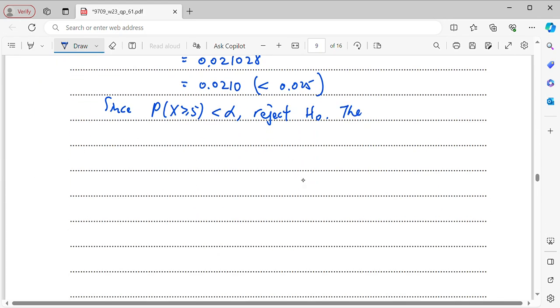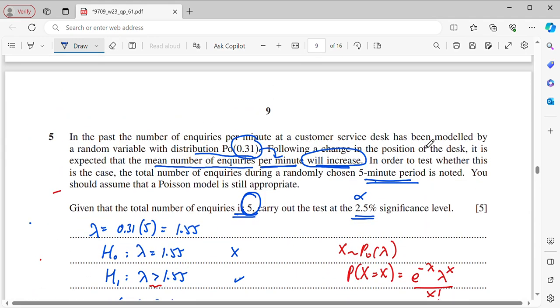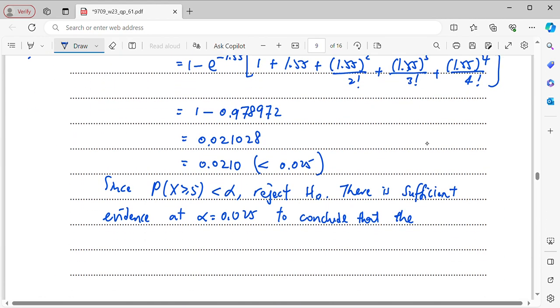So there is sufficient evidence at alpha equals 0.025 to conclude that the mean number of enquiries per minute has increased.